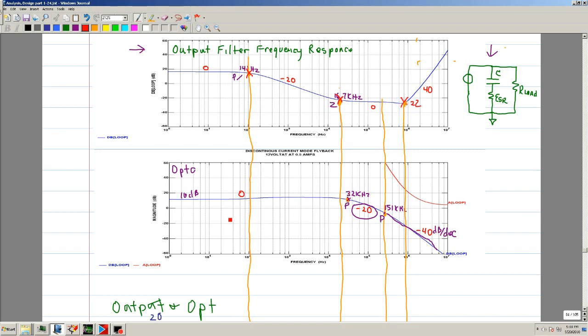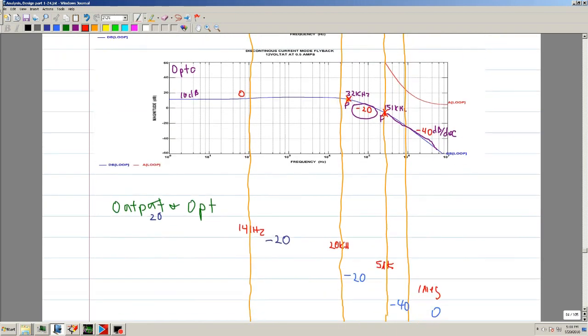Okay, and then here's another pole, a pole here, and nothing here. Okay. So wherever we have a pole or a zero, we draw a line.